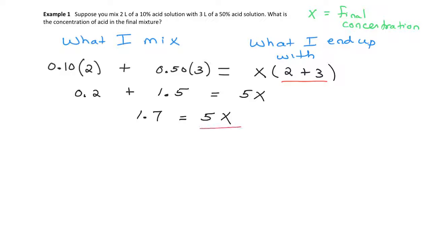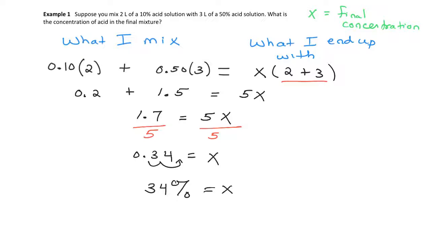To get x by itself, I can divide both sides by 5. On the right, that's perfect. It gives me x, the thing I'm solving for. On the left, 1.7 divided by 5 is 0.34. You can check that on a calculator. And if I convert that to a percent, by moving the decimal 2 places, that is 34%.